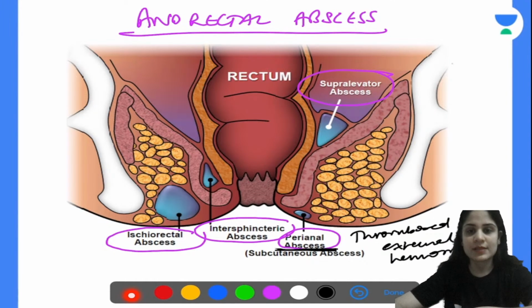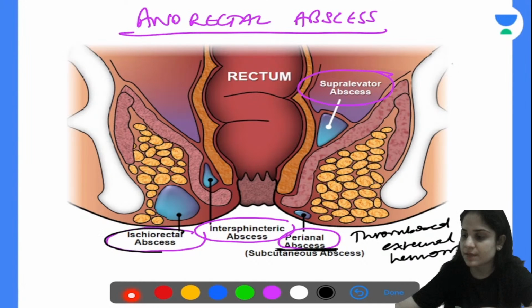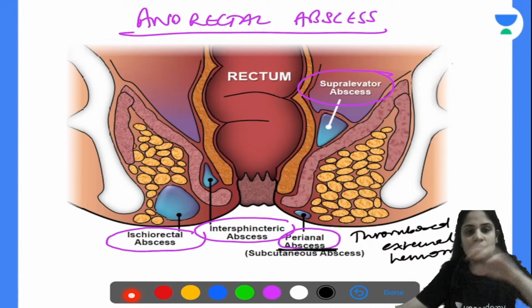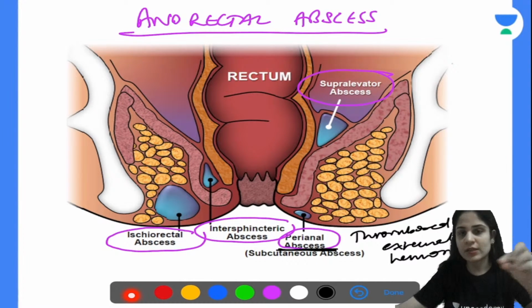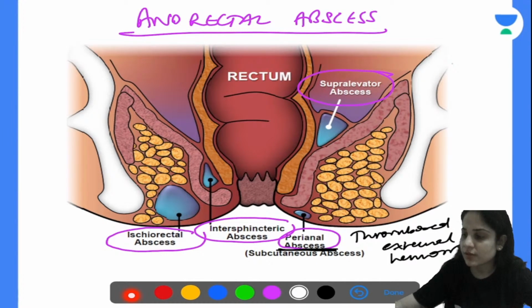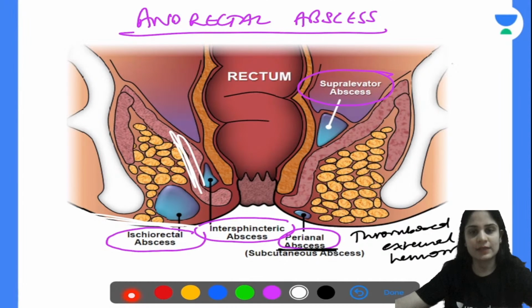Okay. Now, the second type of abscess that we have is your ischiorectal abscess. This area that you can see, a pyramid shaped area, is nothing but your ischiorectal fossa. Now your ischiorectal fossa lies between two important structures. On one side you have the skin, and on the other side you have this muscle, which is nothing but the levator ani muscle.